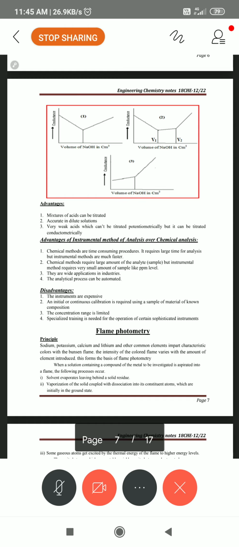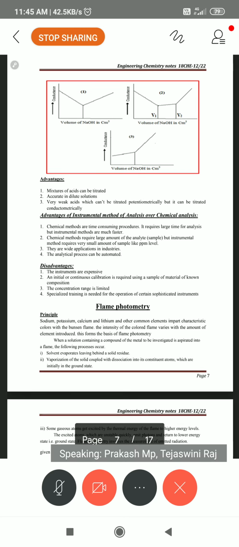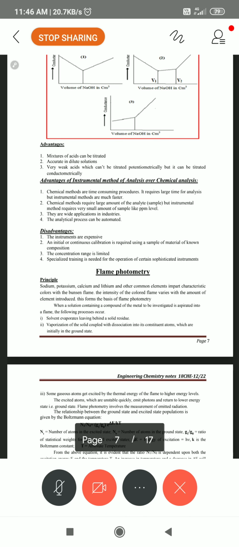For 40 ppm, 40 or 45, or 38 might come, no problem. Whatever emission you get, you can record it. If it is not recorded manually, a sophisticated flame photometer records it automatically itself. Then for 60 ppm, 65, 70, and 80, 85.